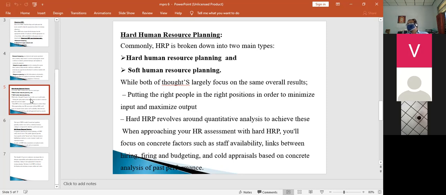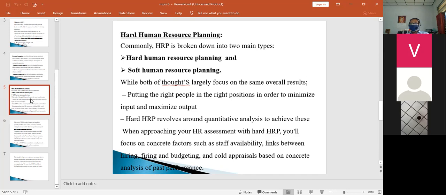So the reasons why the employee is lagging. Are there any possibilities to set the employee right? So like this, you will be analyzing the employee in this manner.